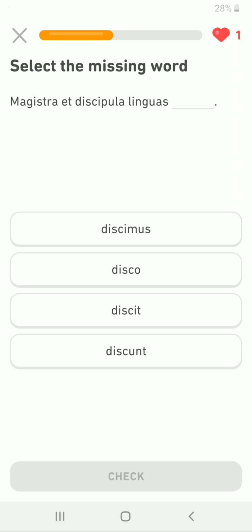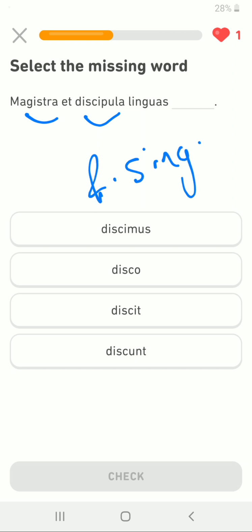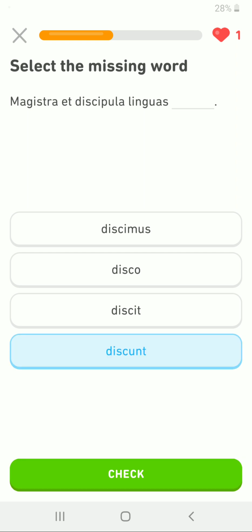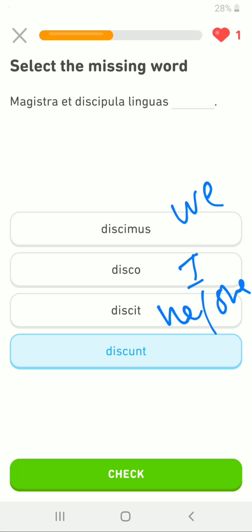So here we see clearly that the feminine singular is discipula. Magistra et discipula linguas discunt. We know it is discunt because this is we, this is I, disco, and this is he or she, right?